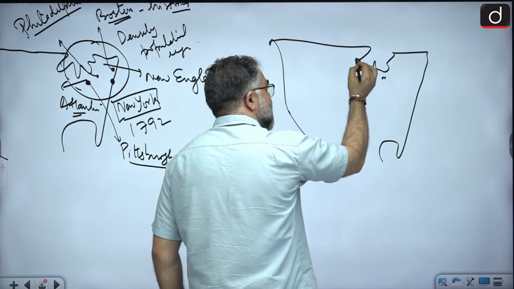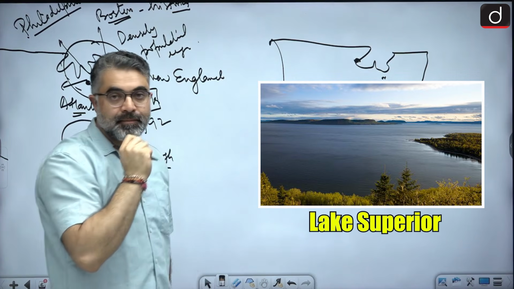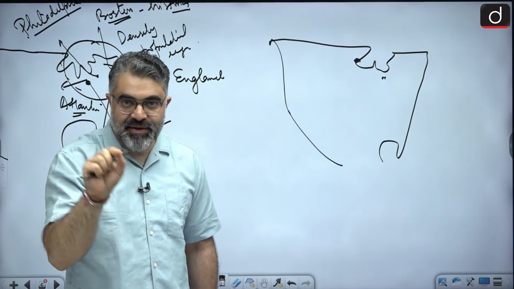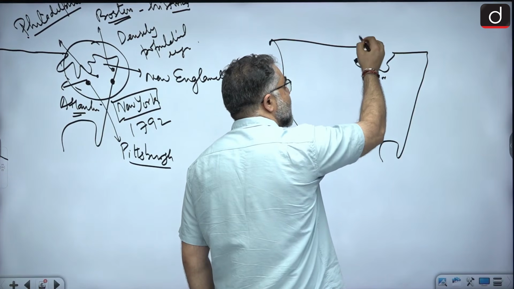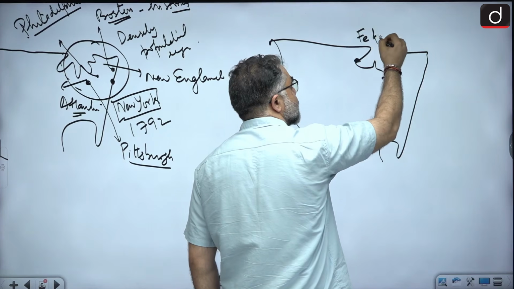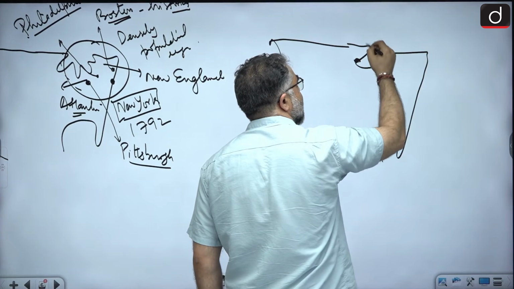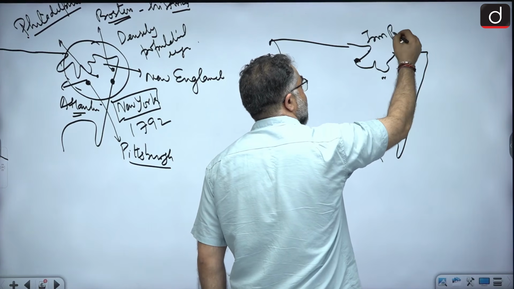If you see the western part of Lake Superior or nearby regions of the Great Lakes, there are a few places which are known for iron production. They are significant for iron production.